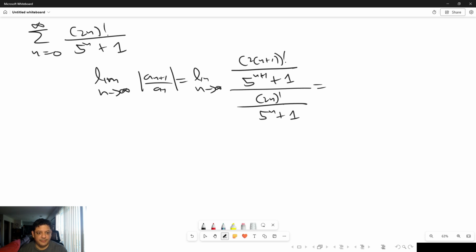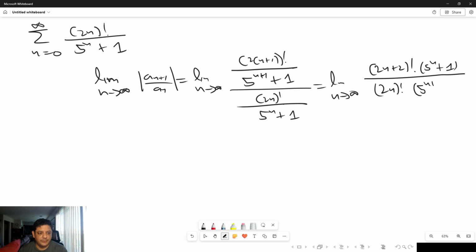And this can be simplified as the limit when n goes to infinity of (2n+2) factorial times 5 to the n plus 1, over (2n) factorial times 5 to the (n+1) plus 1.